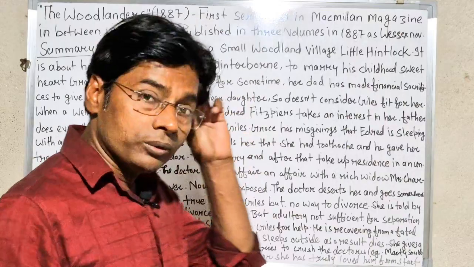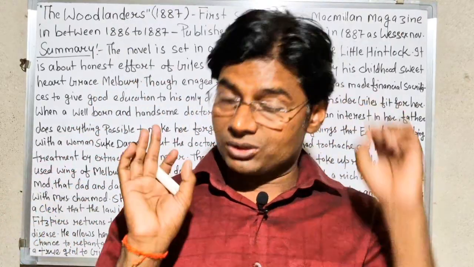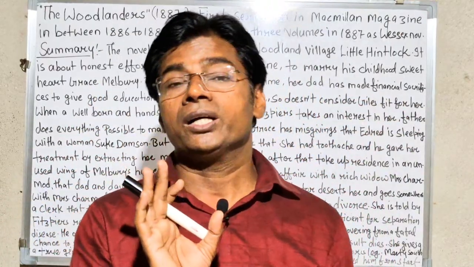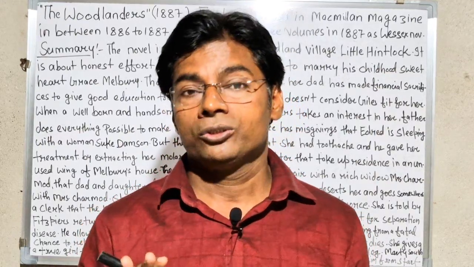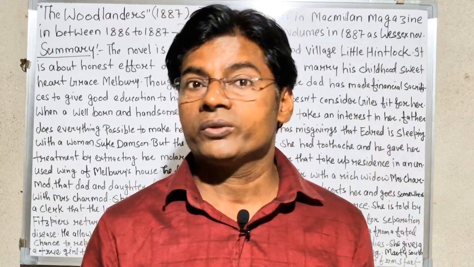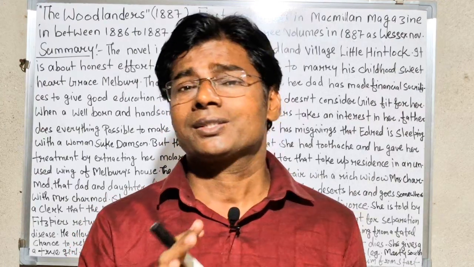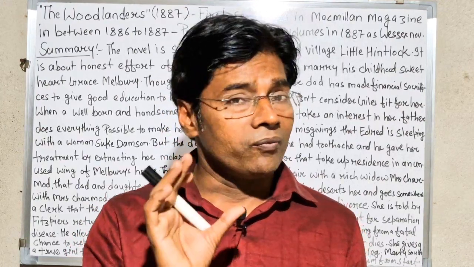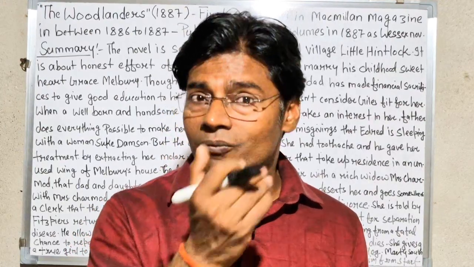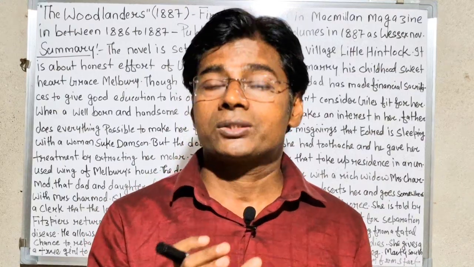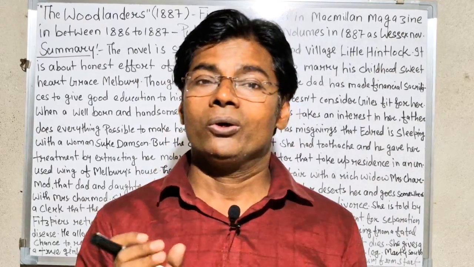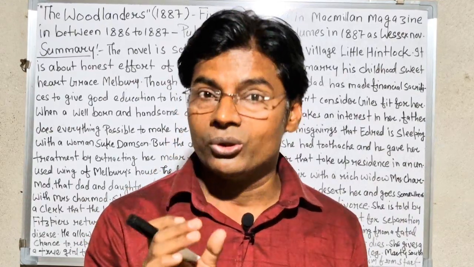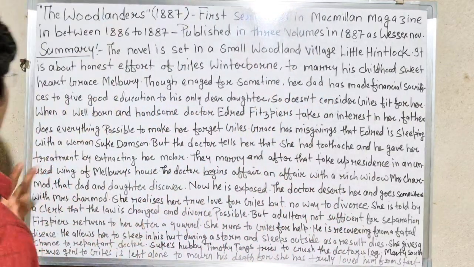Since the father of this young girl has made a lot of financial sacrifices to provide quality education to his only dear daughter, he somehow thinks that Giles Winterbourne is not the right match for his dear daughter. In the meantime, what happens?